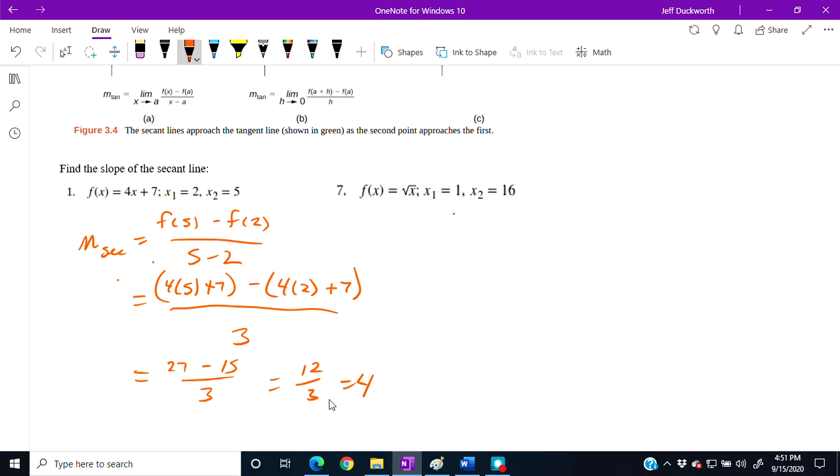And this is not surprising at all. In fact, if you look at this equation up here, this is a line, right? And this is also in the form y equals mx plus b. Again, this is slope-intercept form. So here we have the slope equaling 4.